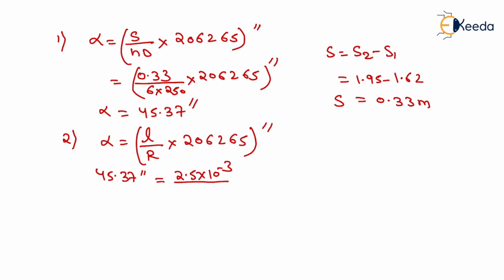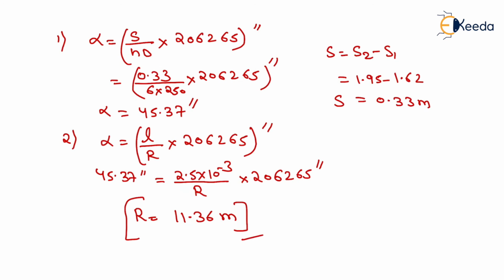Now we need to calculate the value of R, and here we need to multiply it by 206265 seconds. After solving this, we will get the value of R as 11.36 meter. That will be the radius of curvature of the bubble tube. So we have completely solved this numerical.